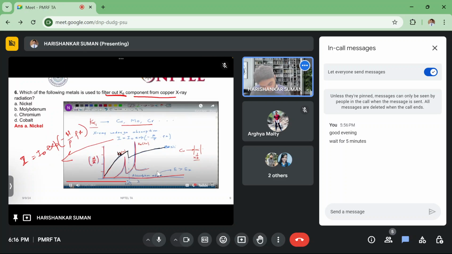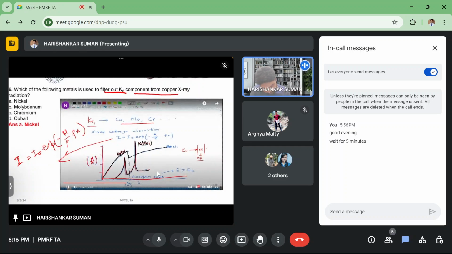This is Cu, copper, and the absorption we can see is near the K alpha of the copper. So the K alpha nickel absorption edge lies there.